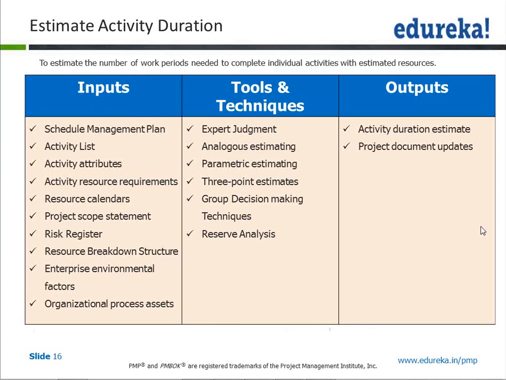Now there is a particular formula in PERT. The formula is optimistic plus 4 times most likely plus pessimistic, whole divided by 6.